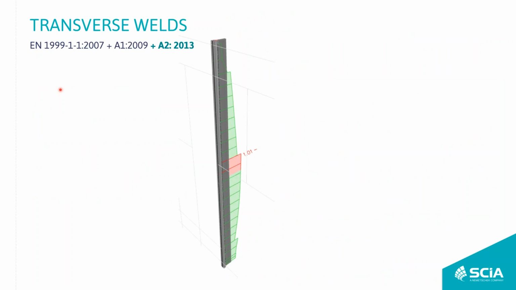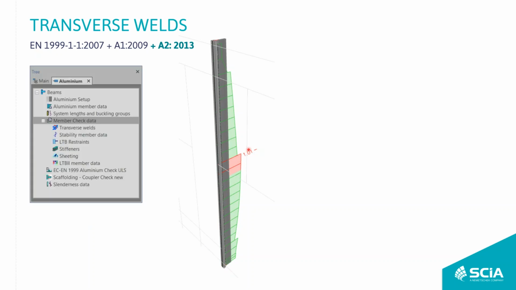When we are talking about the influence on transverse welds, let's talk about this simple example of the column created from the aluminium. And here you can see that I create a check with this value.